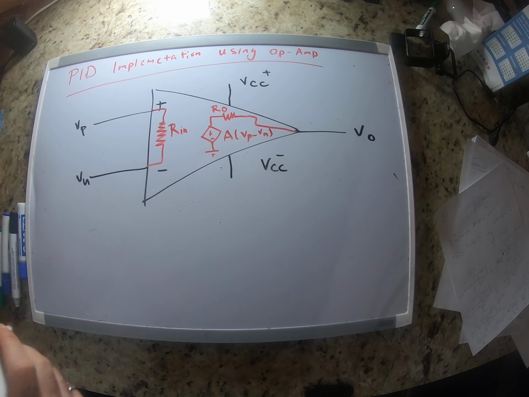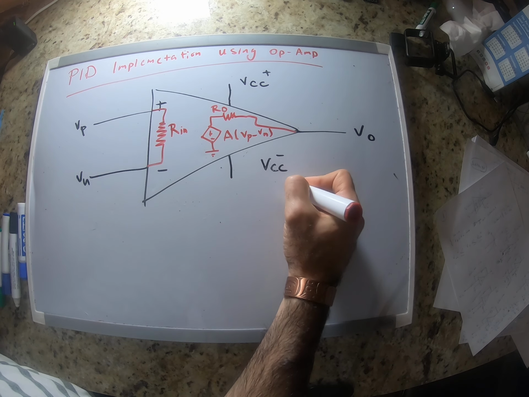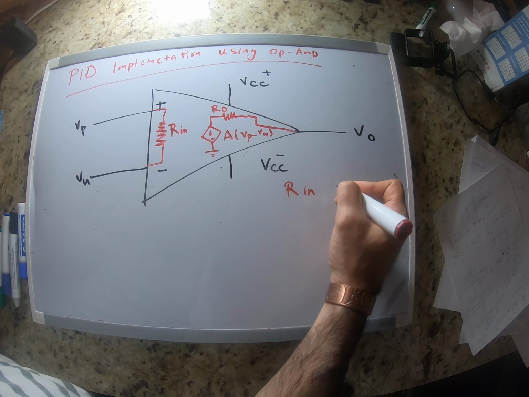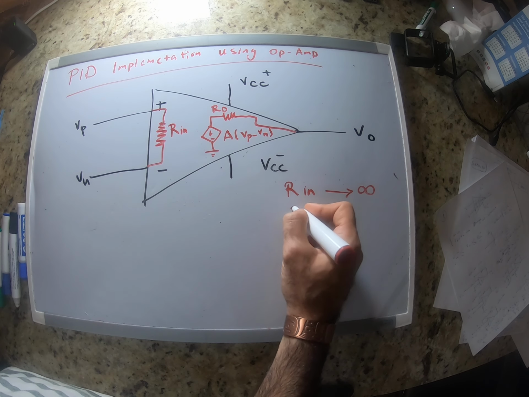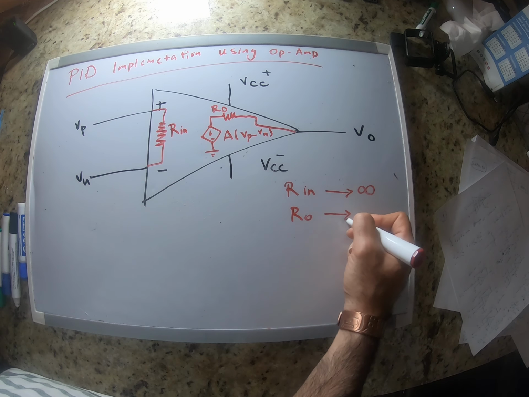So ideally we assume R in is a very large number, R out is a very small number, and the open loop gain called A is also a very huge number.